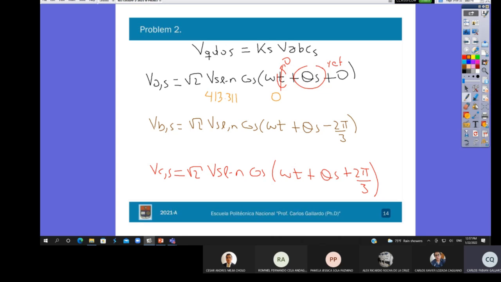This angle is in radians, and this value is 0.40337.